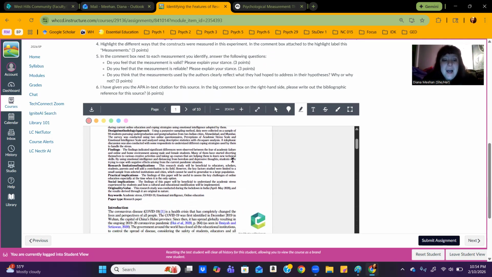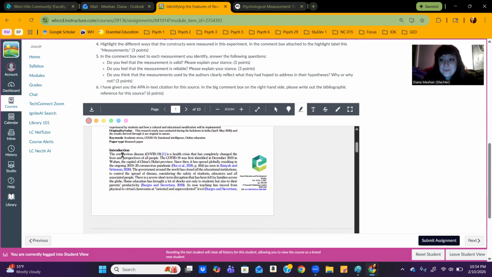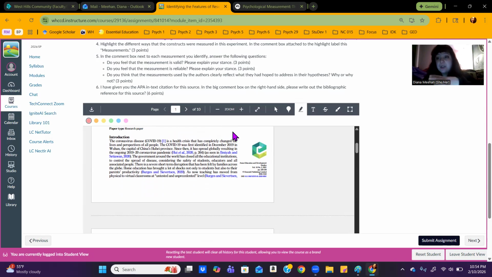Okay, the introduction. A peer review journal article will have an introduction, and another term for it is a literature review. You're going to be working with literature reviews in this class; you're going to be building one. Essentially, a literature review looks at all of the past research that has happened on this topic so far.